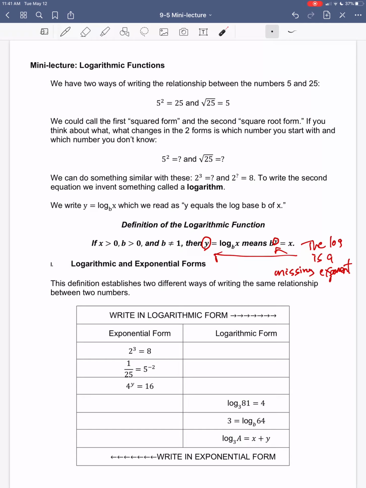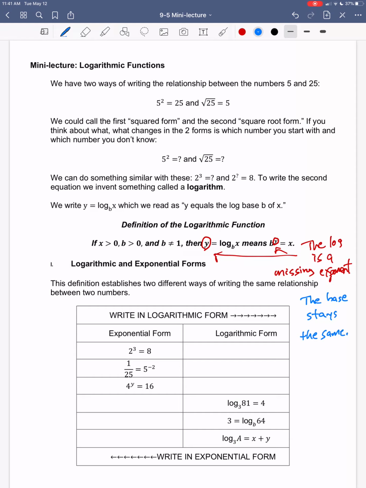Notice, what's b here? Log base b of x means b to a power. B in both of these is what we call the base. So another saying I keep in mind with logarithms: when you switch from one form to another, the base stays the same.